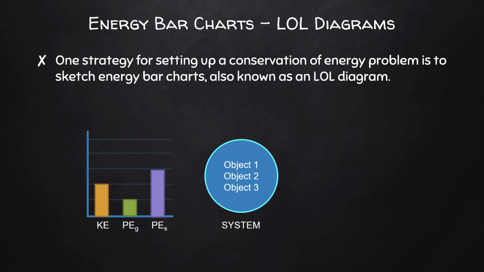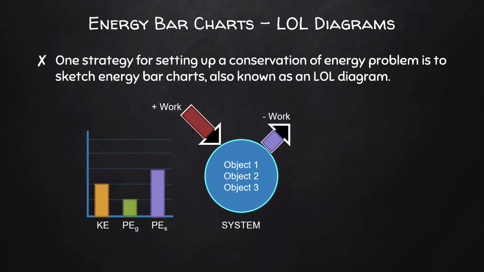If there's any positive work done on the system, we can draw an arrow pointing to the system to represent that. We can even incorporate the quasi-quantitative nature of this diagram by essentially making the arrow a bar that could be added to or subtracted from one of our bar charts. If there's any negative work done on the system, we can draw an arrow pointing away.